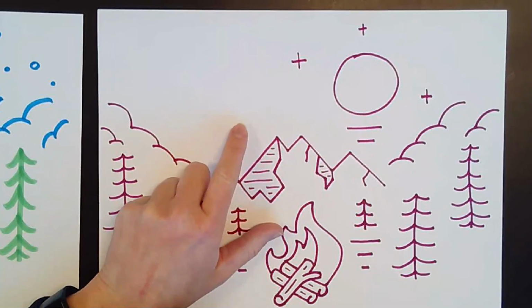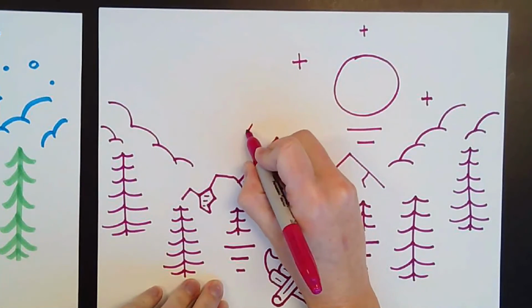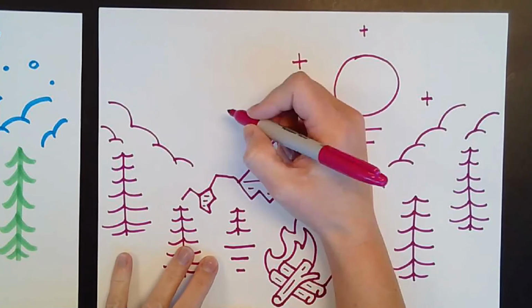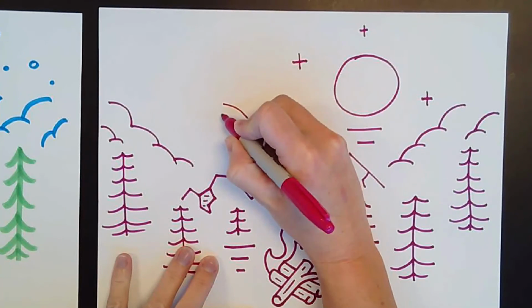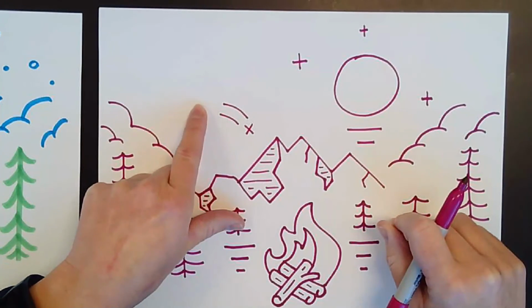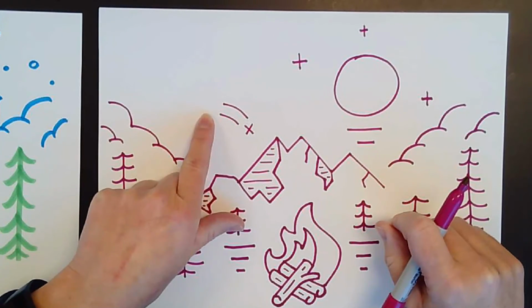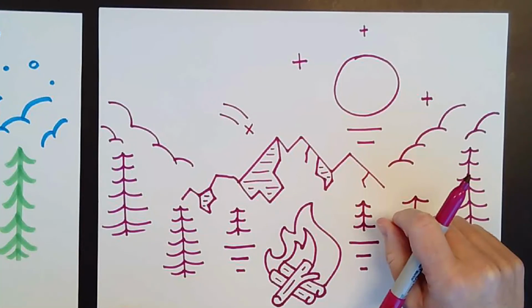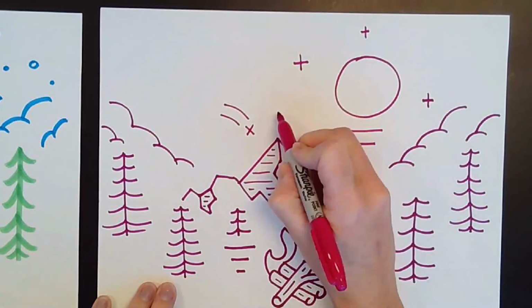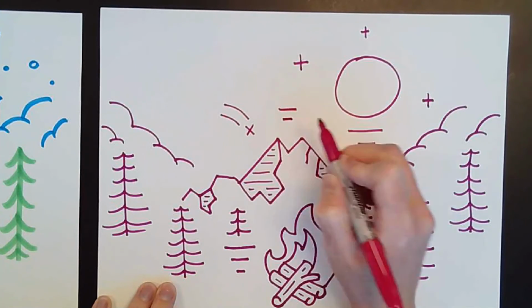Okay, now over here, I'm going to draw an X. And then I'm going to draw 2 curved lines beside it. So it's kind of looking like a falling star. Above my mountain, add a couple more horizontal lines.